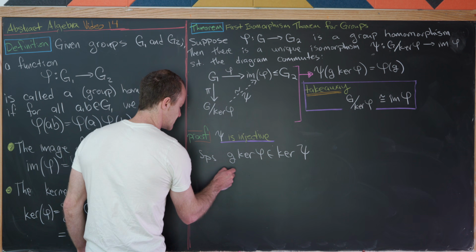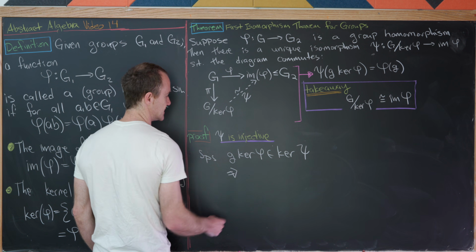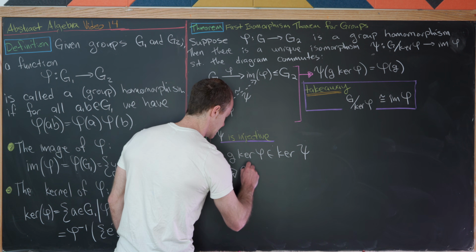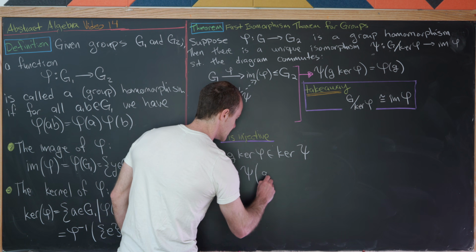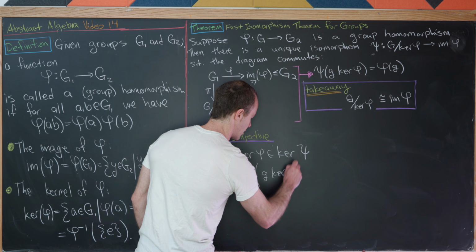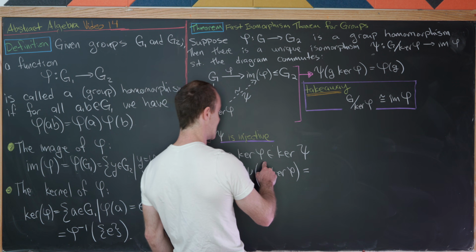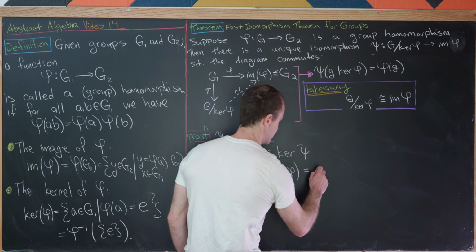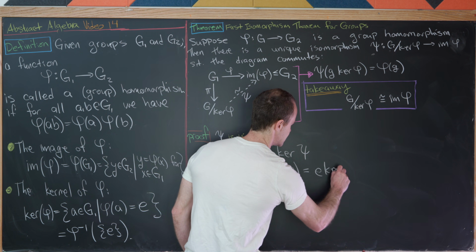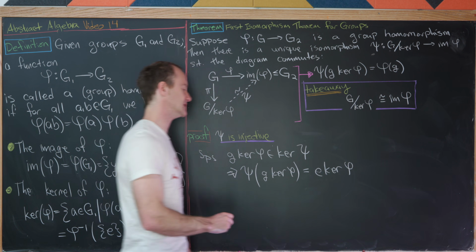Now since g ker φ is inside the kernel of ψ, that means if we apply ψ to this element g ker φ, then we get the identity inside of G2. But that's simply the coset connected to the identity element.